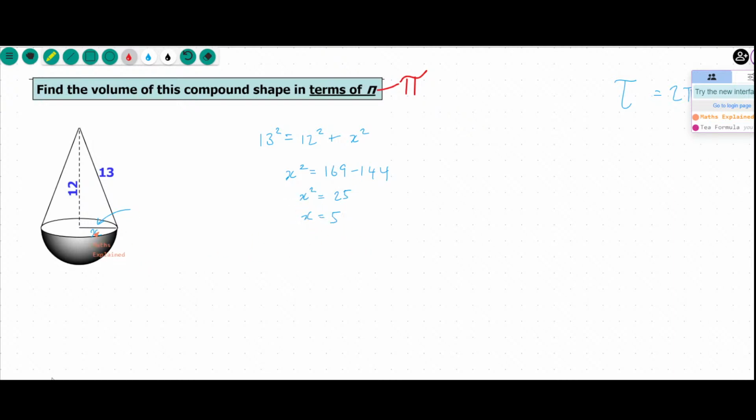Yes, that is a Pythagorean triple. 5, 12, 13. So we have our radius here. I should have called that R. I don't know why I used X. So let's change that actually. R, R, R.